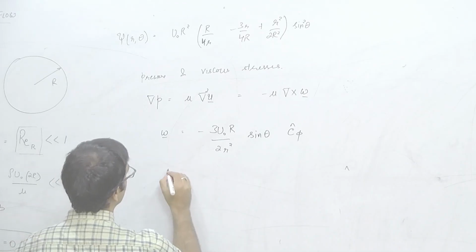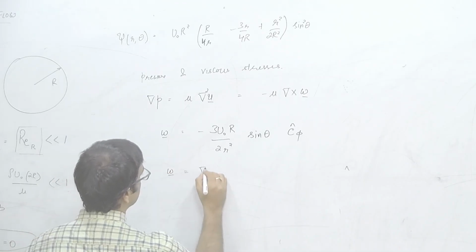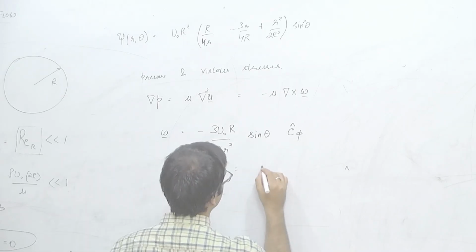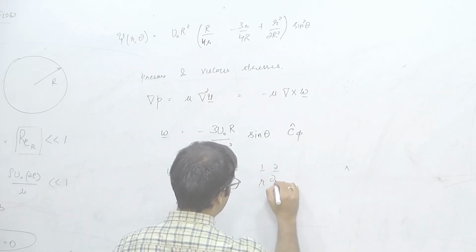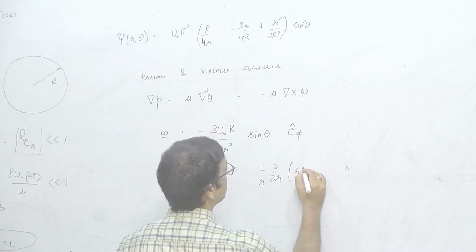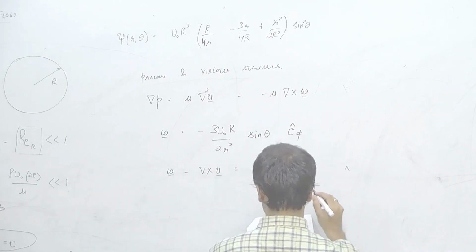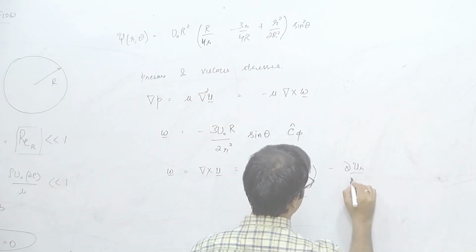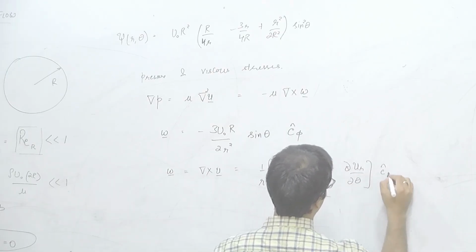Okay. So omega, if you remember, is del cross u, and in spherical coordinates this will be given by 1 by r del r. I have given you the del cross relation, right? You can substitute that here, and this will be del u r over del theta e hat phi.